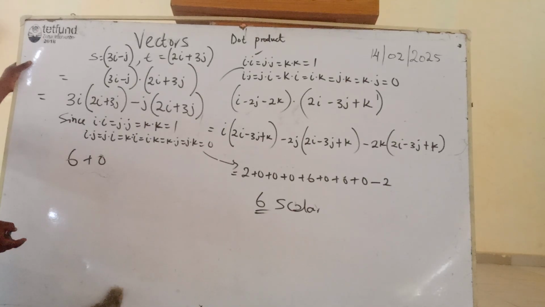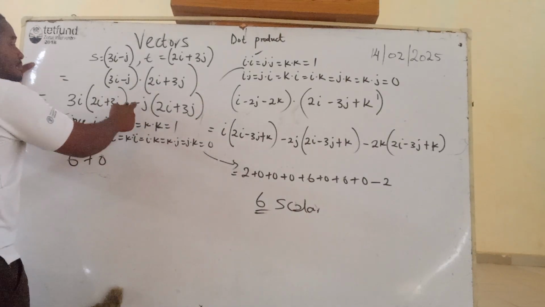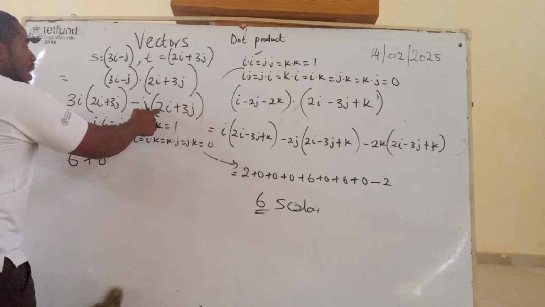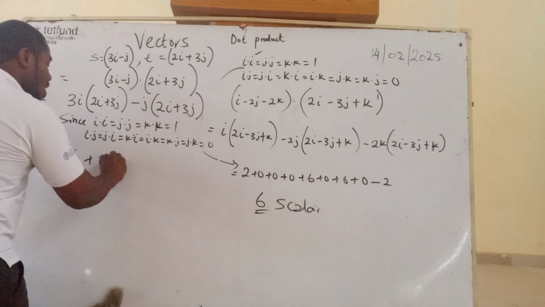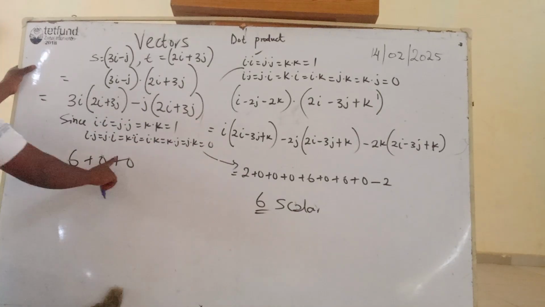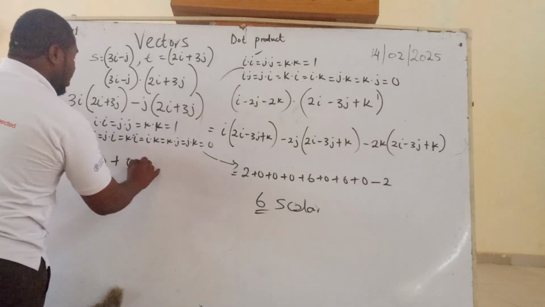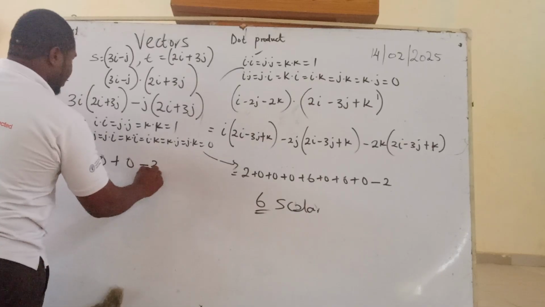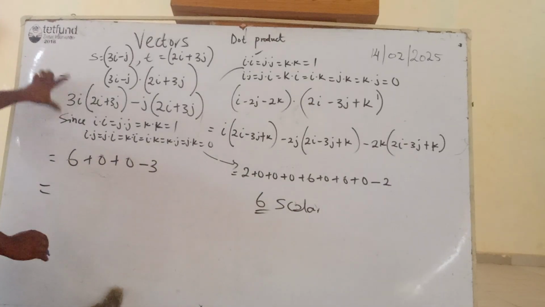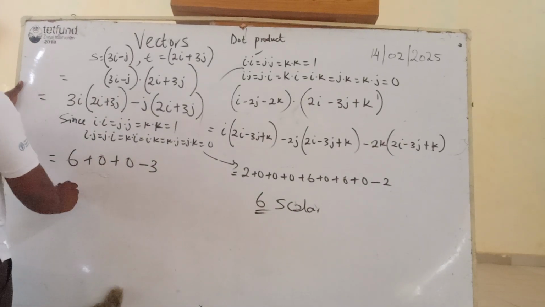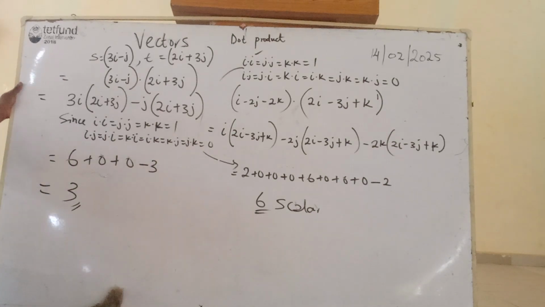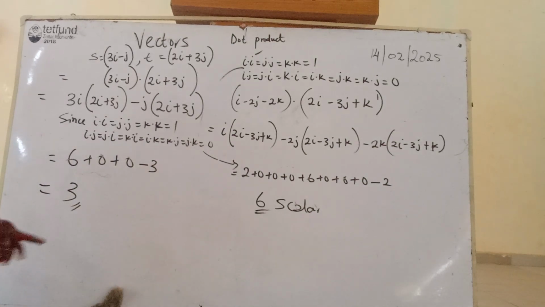Now, similarly, minus j multiplying 2i is going to be 0, then minus j multiplying 3j is going to be minus 3. So the dot product of these two vectors is just 3, which is a scalar, or a scalar, whatsoever you want to pronounce. Are we together?